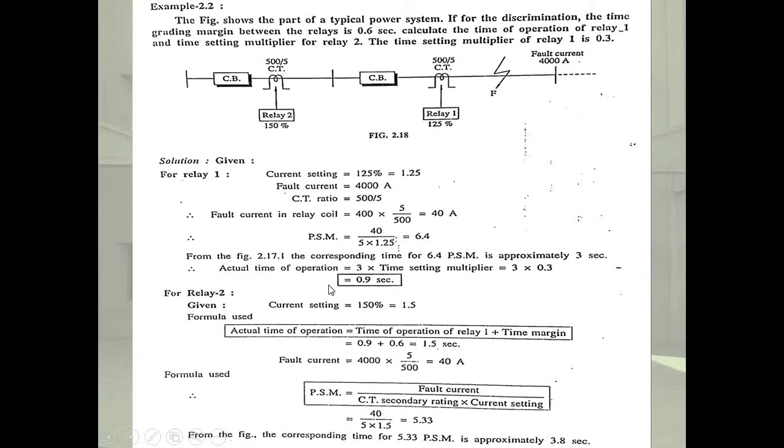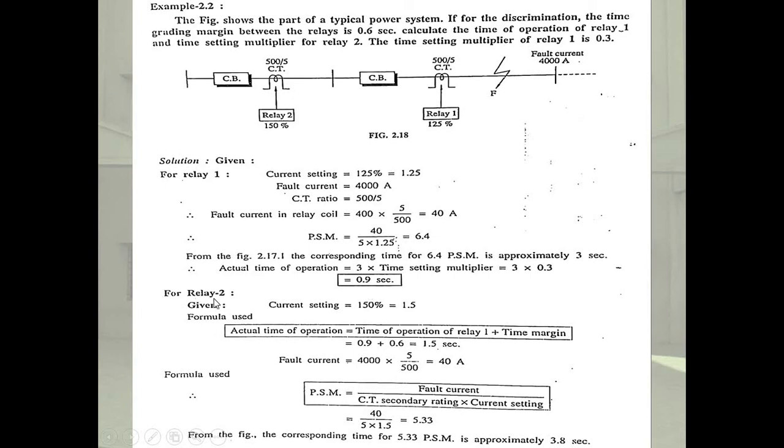So the actual time of operation equals 3 seconds. And the time setting multiplier of relay 1 is 0.3. So 3 into 0.3 equals 0.9 seconds. So the actual time of operation for relay 1 is 0.9 seconds.